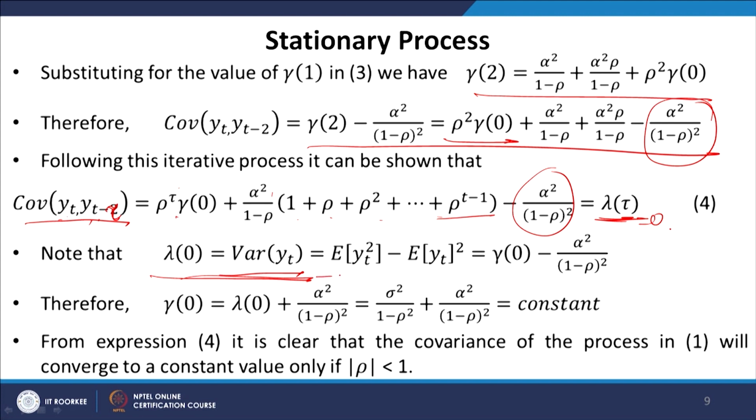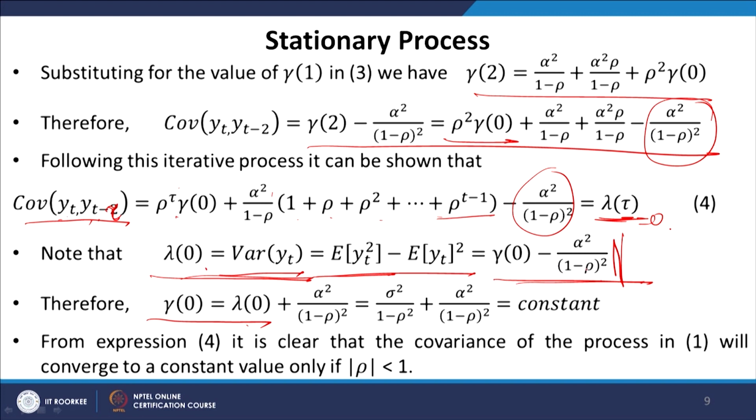The variance of y t is basically the expected value of y t square minus the expected value of y t whole square, and this is actually gamma 0 minus alpha square upon 1 minus rho whole square. This we have already derived. Therefore, gamma 0 is lambda 0 plus this thing.